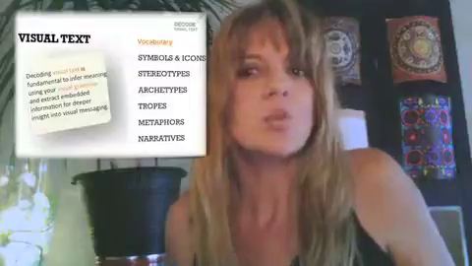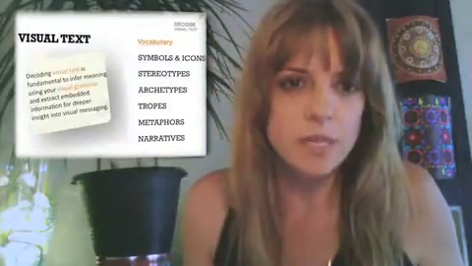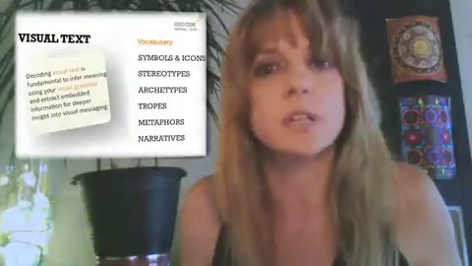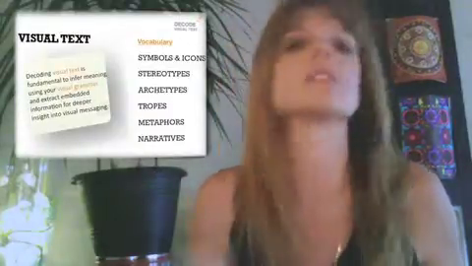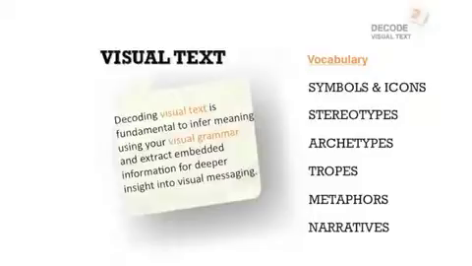In this section, we're going to be talking about visual text. And this is cool because this is where we can start talking about storytelling through visuals and the narrative. So what we're going to cover are these 6 areas. We're going to distinguish between symbols and icons, and we're going to talk about stereotypes and archetypes, and what is a trope.